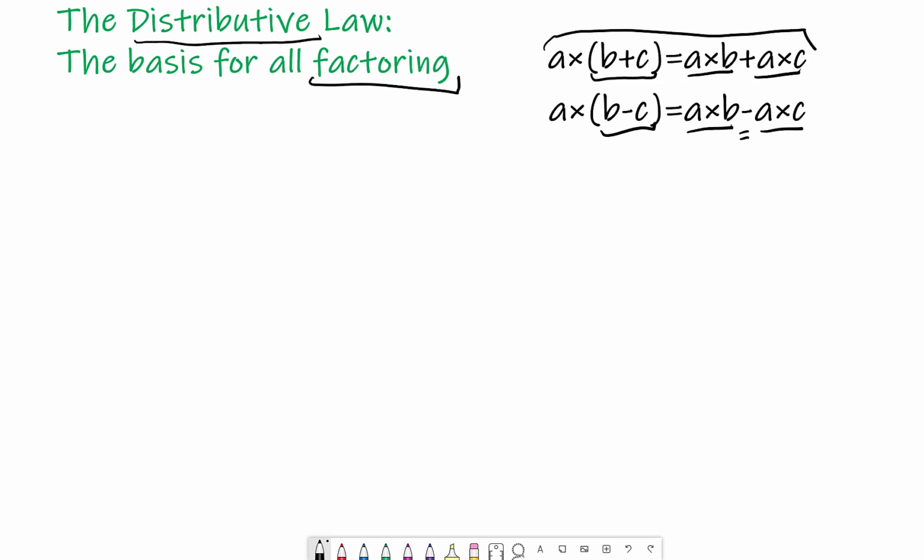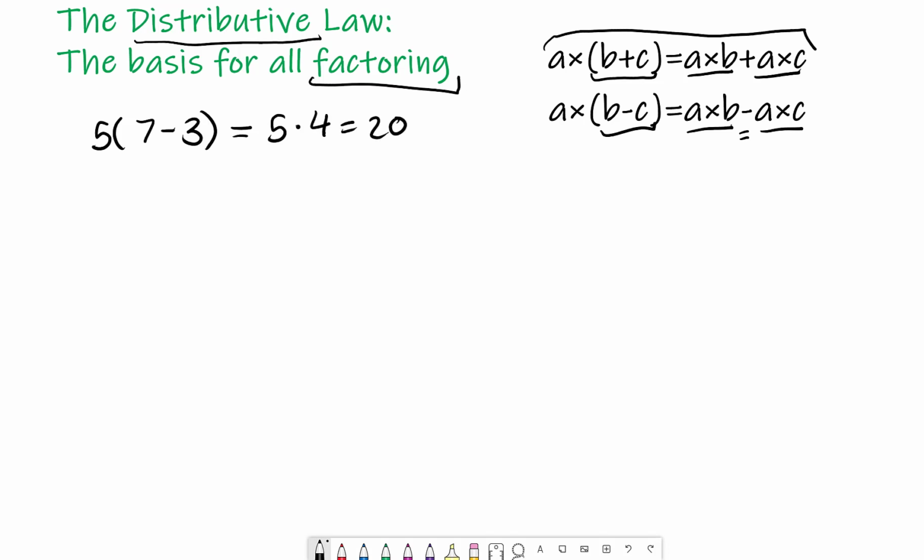Let's look at a quick example. Say we have 5 times (7 minus 3). If we do this without the distributive law, just directly, 7 minus 3 is 4, and 5 times 4 is 20.